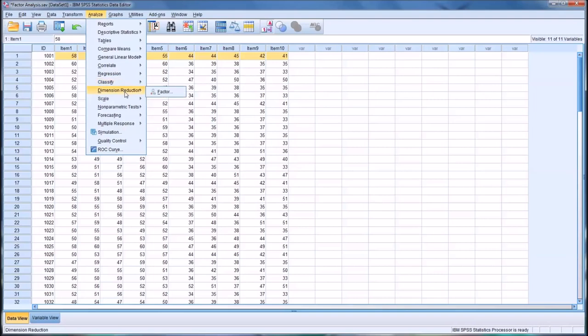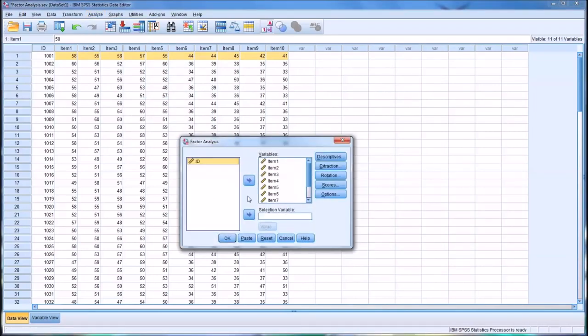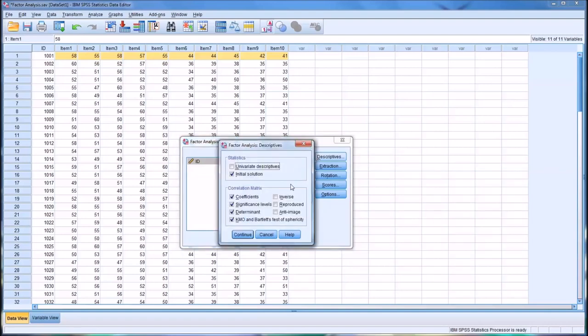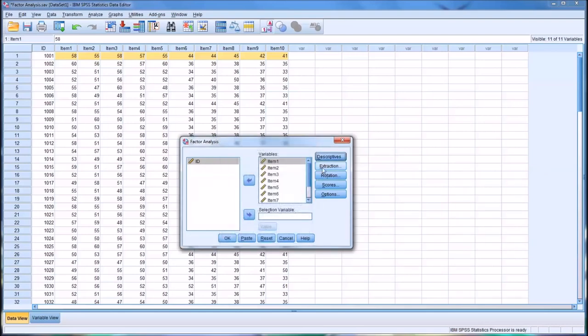So moving back to Dimension Reduction and Factor, you'd have all these different items in the variables list box. For descriptives, you're going to want the initial solution, coefficients, significance levels, the determinant, and KMO and Bartlett's test of sphericity. All right, and continue.